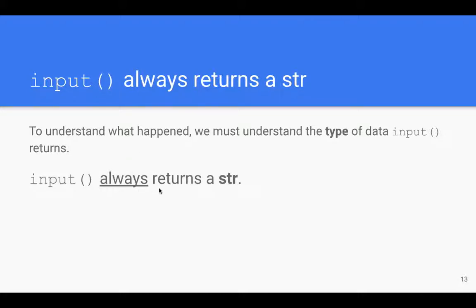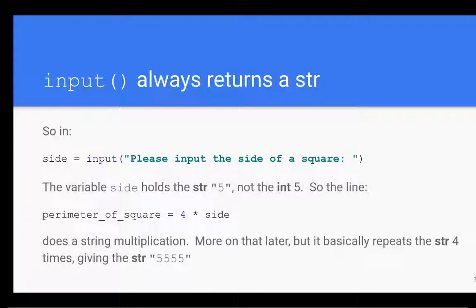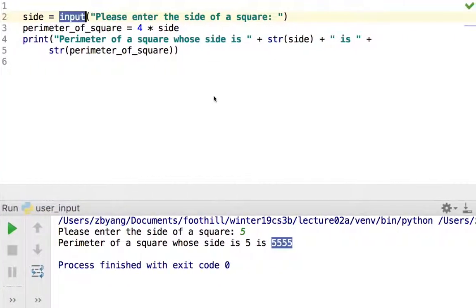Okay, that's very important, and that's why I put it in bigger fonts. Input always returns a string. So in this case, side holds the string 5, not the number 5.